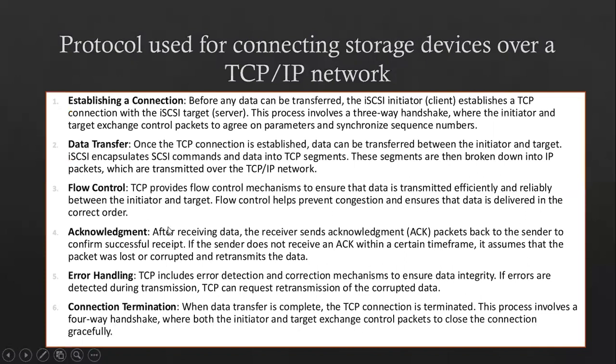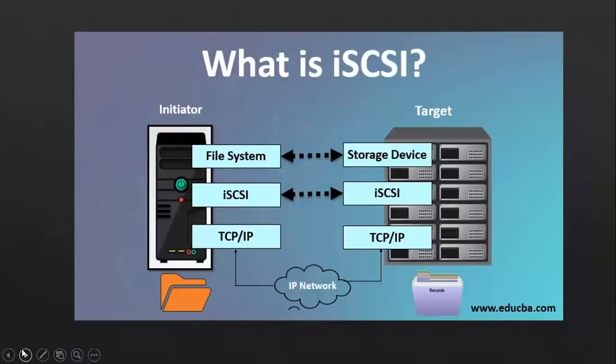Now, let's see what protocols we are using. Mainly, we are using the TCP and IP network protocol in this for connecting the devices. This is the image which we are seeing. This is the initiator, and here are the targets.